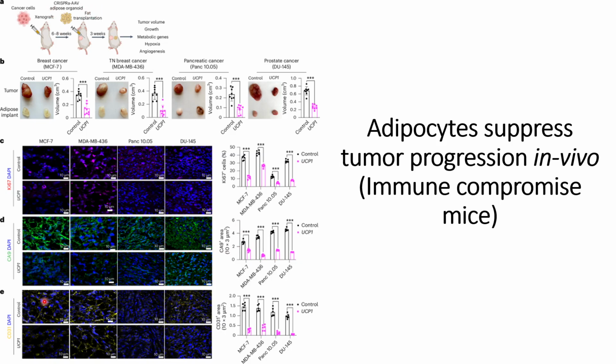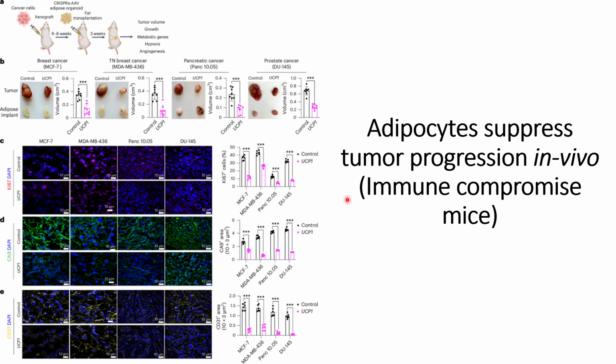And lastly, they show the results for angiogenesis, or we can say vessel density, using the CD31 marker, and here also they see a low expression of CD31, indicating low vessel density, and this will cause low angiogenesis formation in all the 4 cancer cell lines that come in contact with this CRISPR AAV adipose organoid with the UCP1 gene expression.